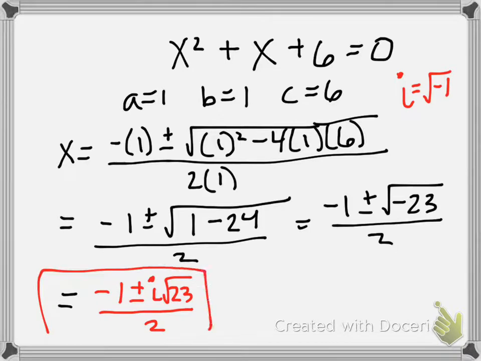Now what this means is that this particular parabola is not crossing the x-axis, so it's a floater. So that's why the solutions are not real. If a quadratic function crosses the x-axis, you get two real solutions. When you don't get real solutions, you still have a parabola. If you graph it, it's still there, but it's just not crossing the x-axis.